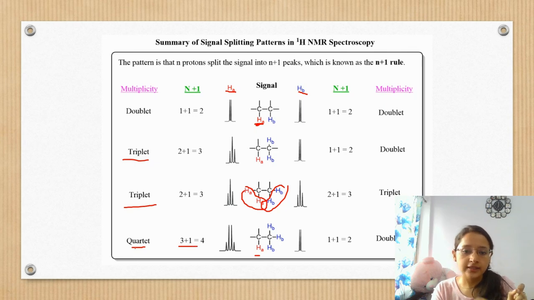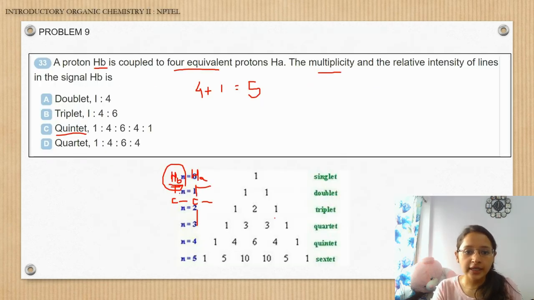In our case also, we have HA which is surrounded by four protons. So in that case, we are getting 4 plus 1, that is 5. That is a quintet. So guys, here we got to know that the multiplicity is a quintet, but how we are going to get the intensities is also a very important question. You have to see this triangle.